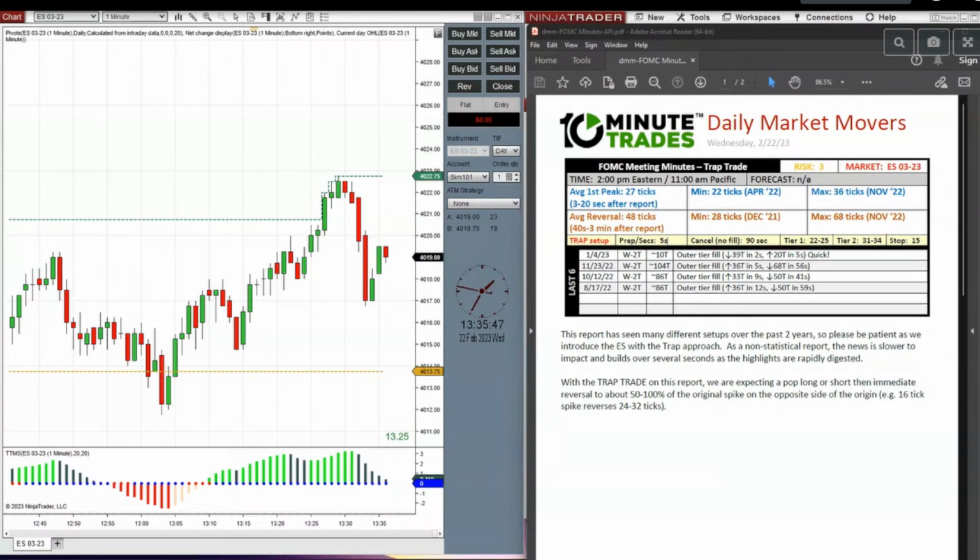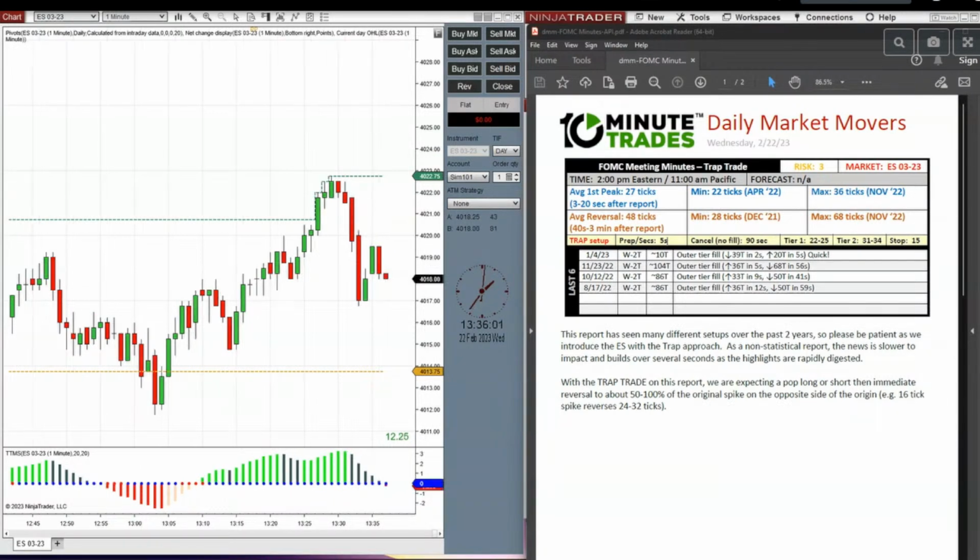So we spend a lot of time on a Sunday going over all those setups, all those events, looking at the way they moved, how many ticks they moved, and what would be safe. That's how we come up with a trap trade setup.